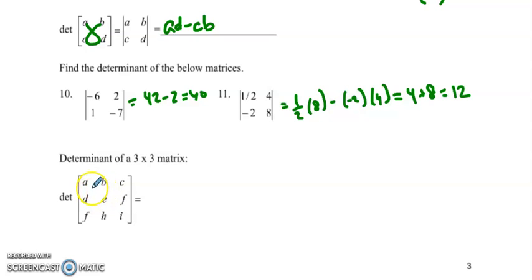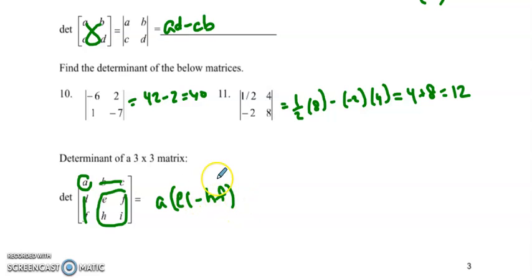So basically the first thing we do is we take this value A, and then if I cancel the row and column that come with A, and I focus just on this, I basically need to multiply by the determinant of that. So EI minus HF.